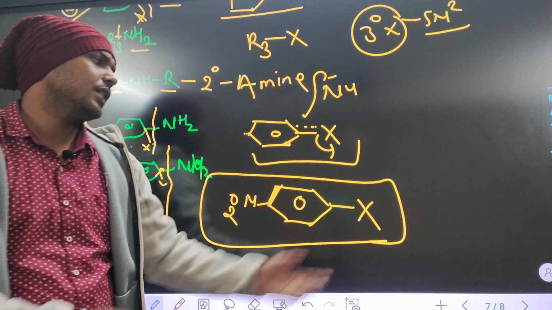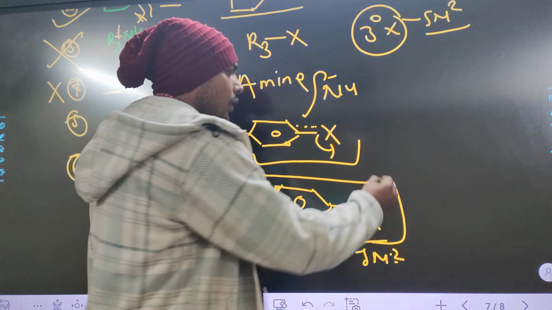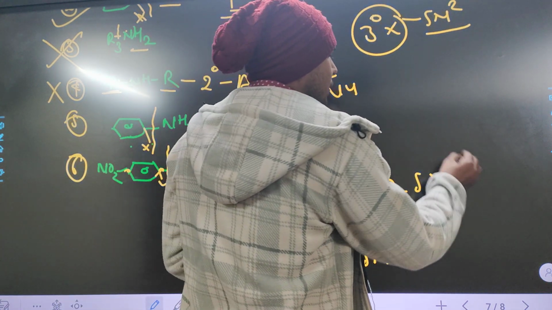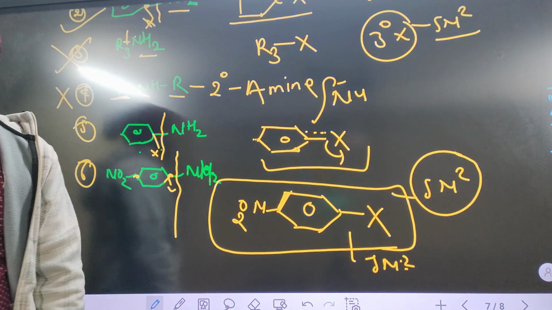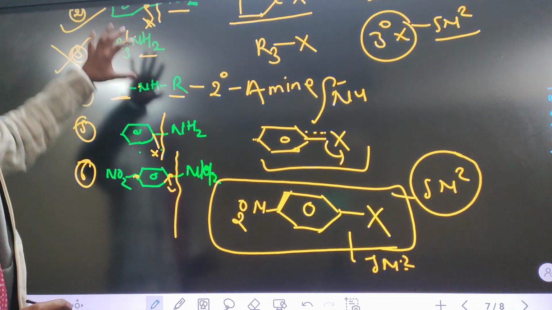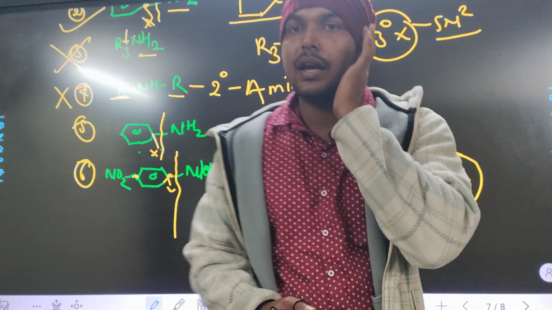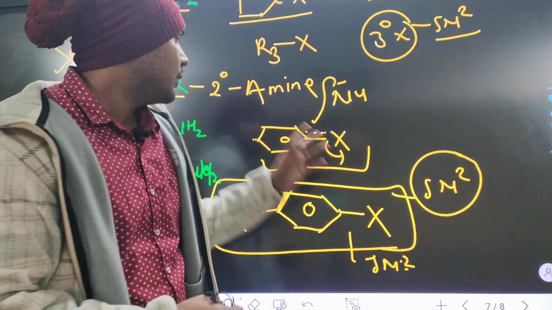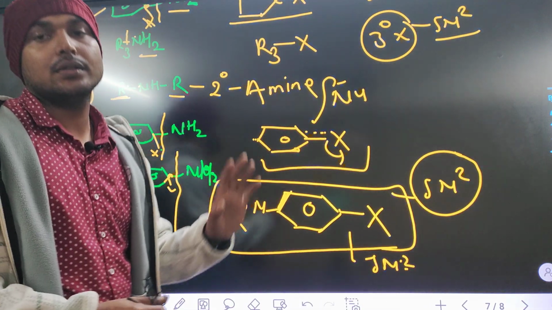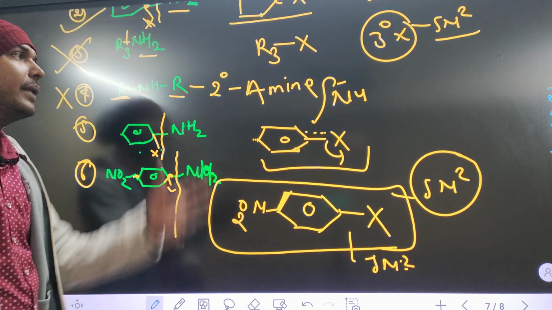So yes, it will show SN2 reactions. So the main concept is that any alkyl halide or any aryl halide, when it shows SN2 reactions, then the related amine can be prepared by this method.